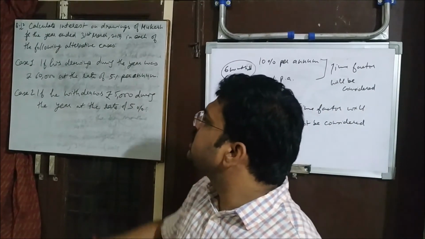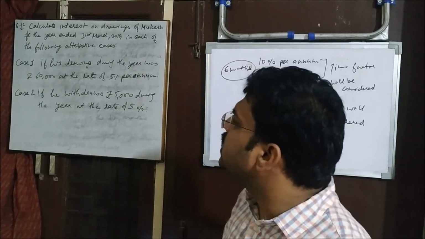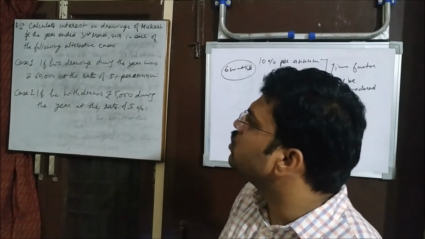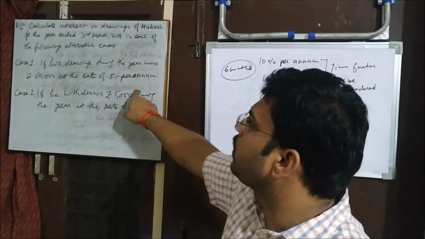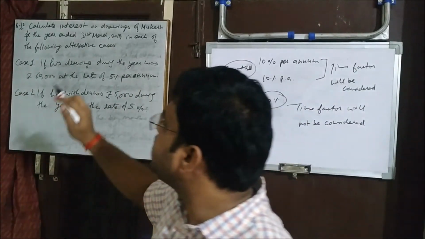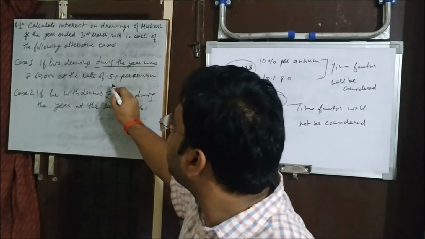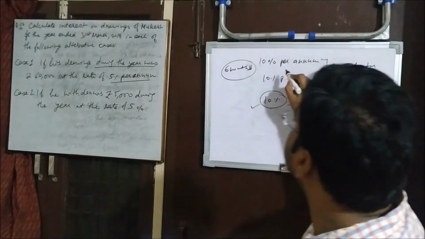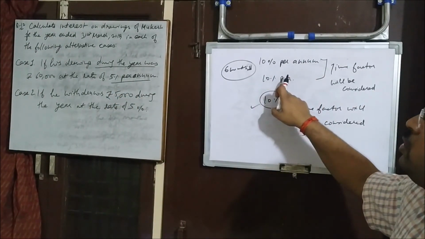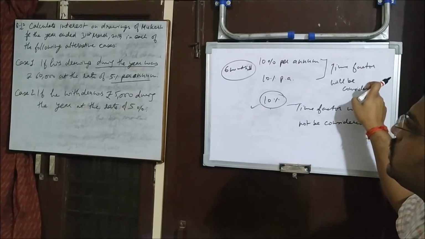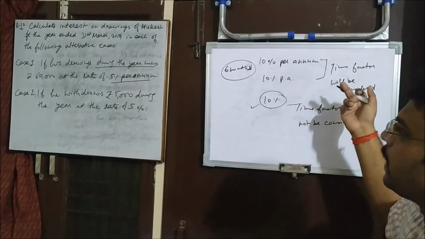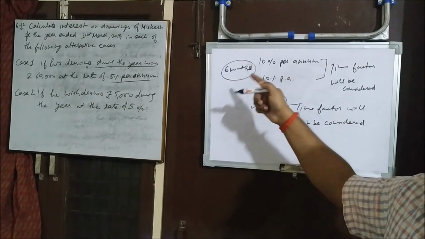The very first case is, if his drawings during the year was rupees 60,000 at the rate of 5% per annum. You can see that no date is mentioned, only during the year was given. Alright, and 5% per annum means this case. Per annum is also given, time factor will be considered but it's not given. Okay, so that is why 6 months on an average will be considered.